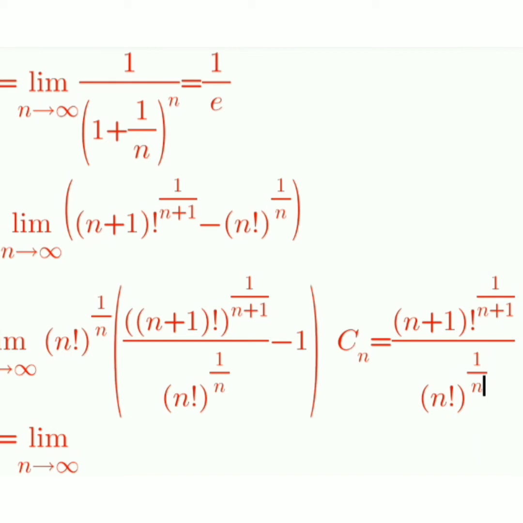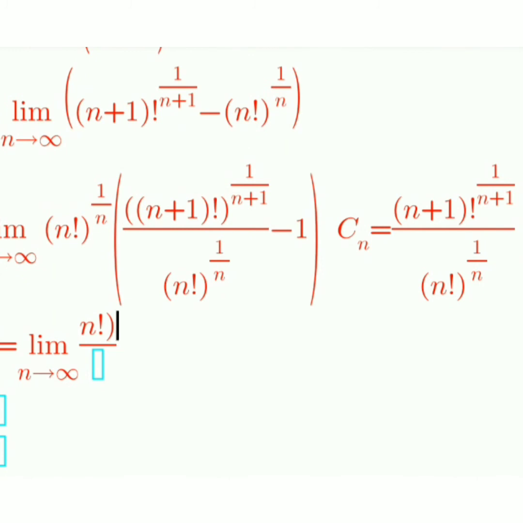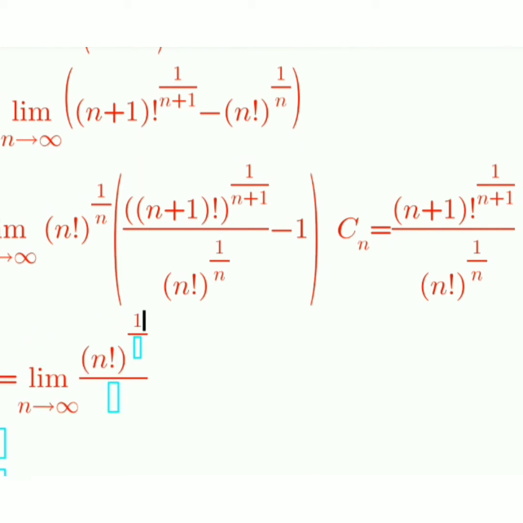So I can put in here, in case of Cn, at first I divided n factorial, divide by n factorial, divide by 1 by n, and I also in here multiply n into n and Cn minus 1.